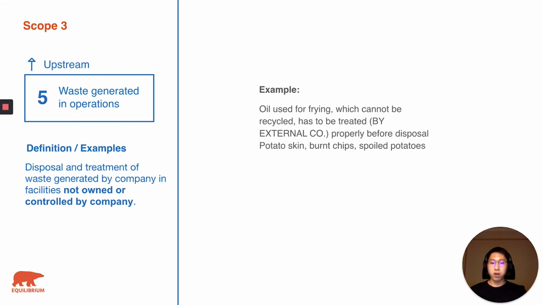Category 5 accounts for emissions produced from waste generated in operations, which is defined as emissions from the disposal and subsequent treatment of waste generated by the reporting company in facilities not owned or controlled by the company. An example of this would be the waste treatment and disposal of frying oil, which is outsourced to a third party.